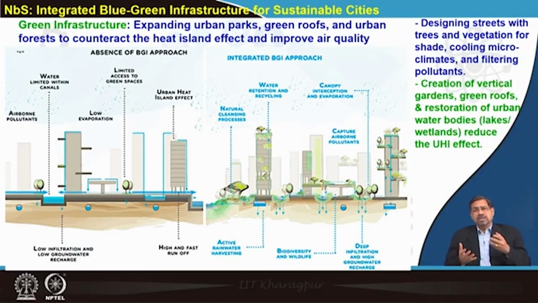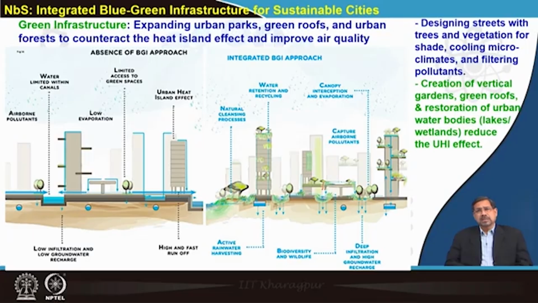So, wherever within the city space we have vegetation or this blue green infrastructure, we expect a cooler microclimate. And this blue green infrastructure also helps in filtering the pollutants.